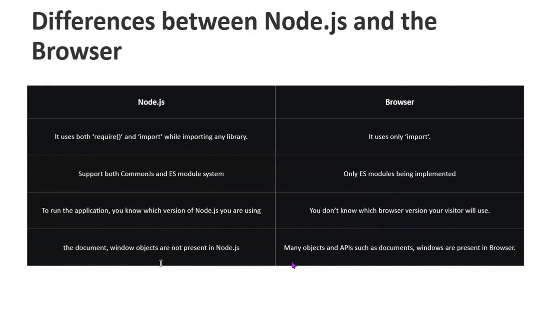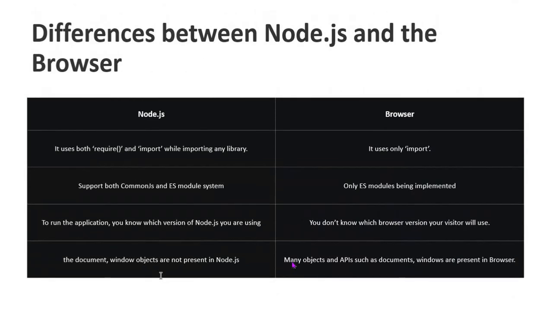But in the browser, it is not necessary to know the browser version, because we can use any version to execute the JavaScript code. Before ES6 or before V8 we could only execute the code in the browser, but after ES6 or the V8 engine we can execute it in the browser and also outside the browser.